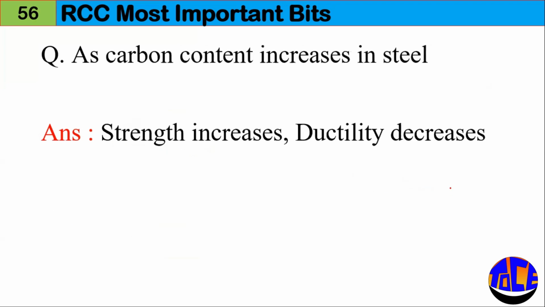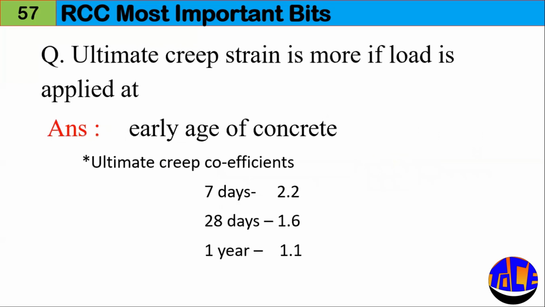Now coming to question number 56. As carbon content increases in steel, strength increases, but ductility decreases. Question number 57. Ultimate creep strain is more if load is applied at an earlier age of concrete.